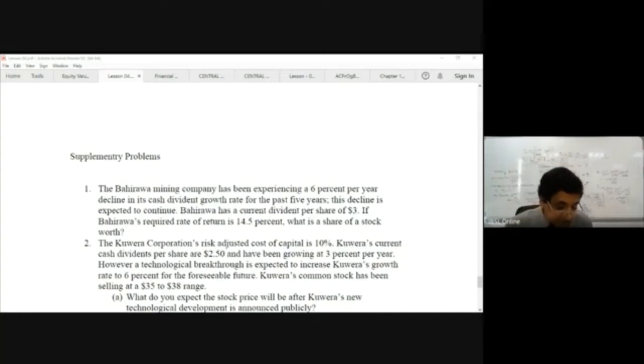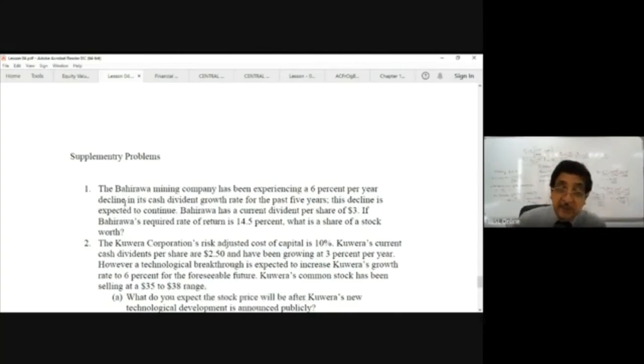Now, anyway, I will just orally give some instructions on this. Invariably, we have to apply the formula. That formula is P0 equals D0 into 1 plus g divided by k minus g. Now, when you apply that formula, as per the problem, the Bahirav Mining Company has been experiencing a 6% per year decline.